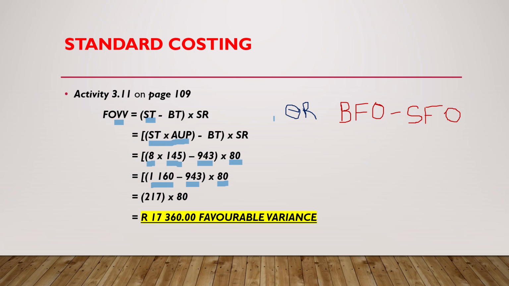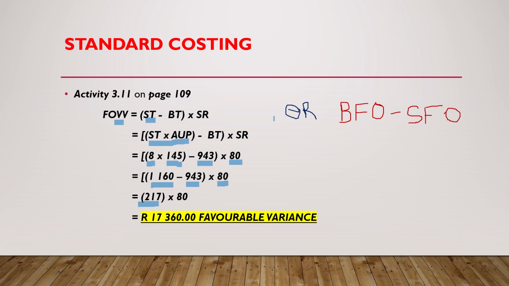The difference is 217, multiplied by the standard rate of 80 rand, and that gives us 17,360. Is that true? This seems impossible.